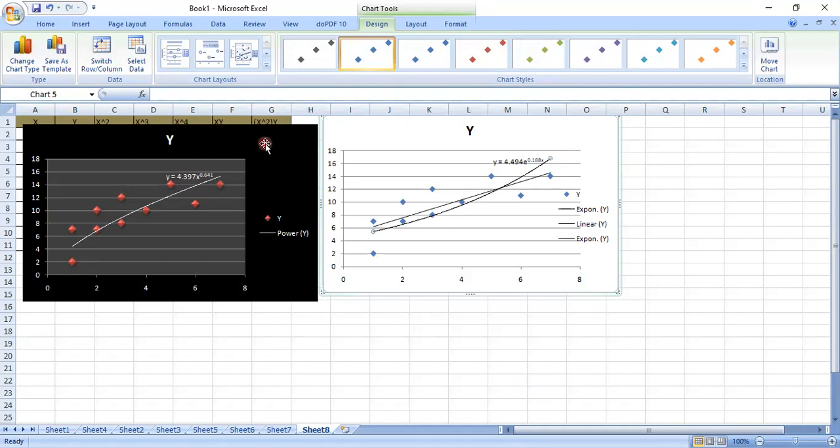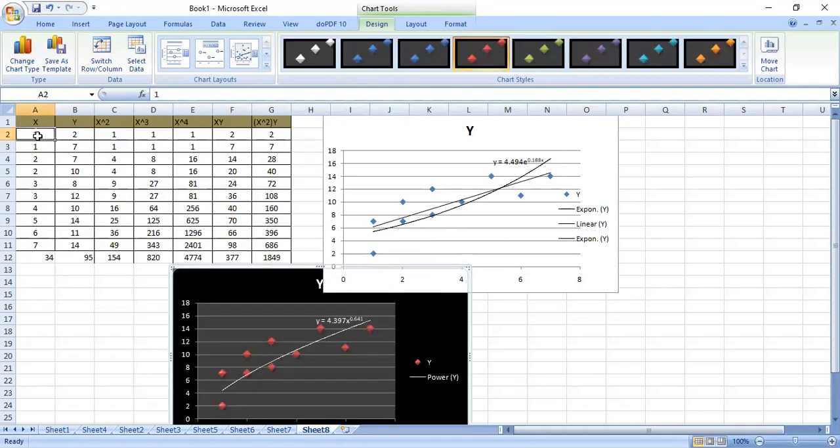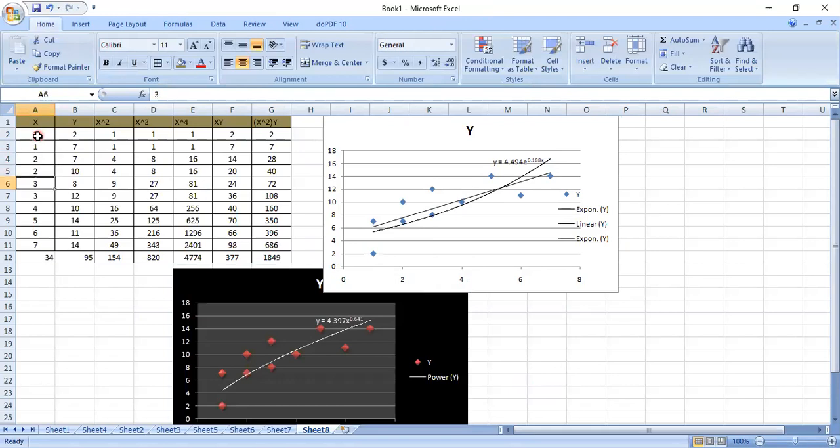How many x and y's are there? 1, 2, 3, 4, 5, 6, 7, 8, 9, 10. 10 values are there. We can estimate 10 different values of y with respect to the power curve and 10 different values with respect to the exponential curve from the equation. We can find the difference of the original value of y and the estimated value of y from the power curve, and we can take the difference of the original value of y and the estimated value of y from the exponential curve, and then we can compare the differences.